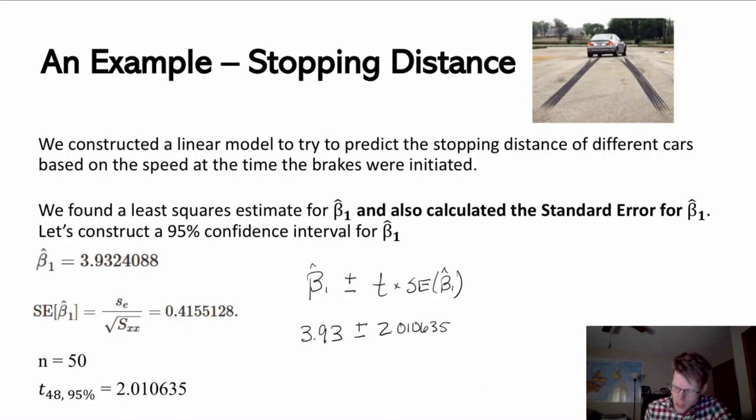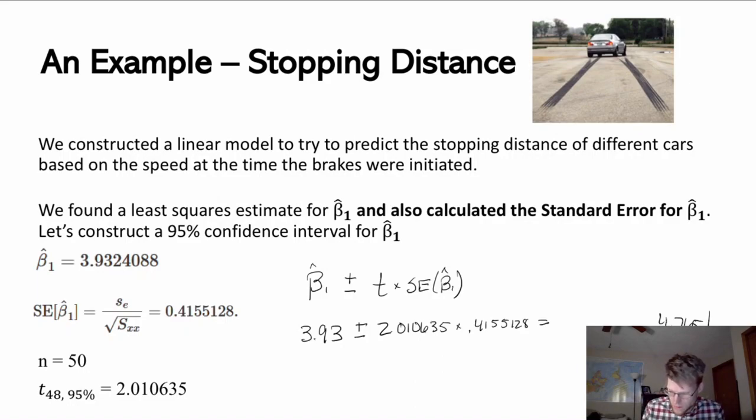And then we're going to multiply this by the standard error, which is 0.4155128. And so this is going to give me a lower bound and an upper bound. So it's going to be 3.93 plus 2.010635 times 0.4155128. And my upper bound is going to be 4.765. I'll round it a little bit.